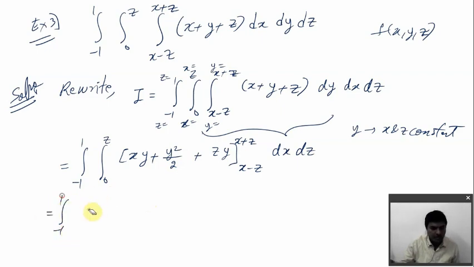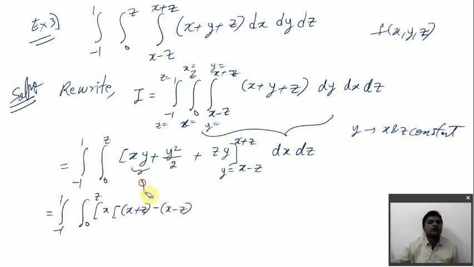So integration -1 to 1, integration 0 to z. Yes, substitute wherever y is there, put upper limit x plus z and then lower limit x minus z. So first I will take in this term, x is constant, so only I'm going to substitute the y value. This will give you x plus z minus x minus z. Lower bound and upper bound I have substituted here. I will get this. Then this closes, plus 1 upon 2 is constant in this.